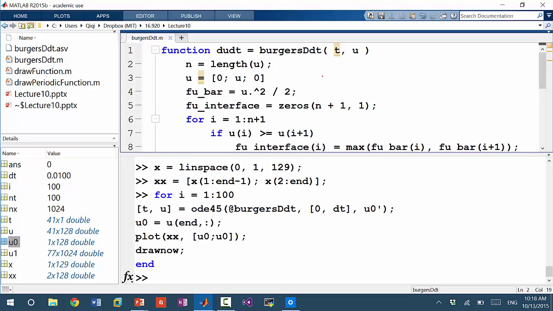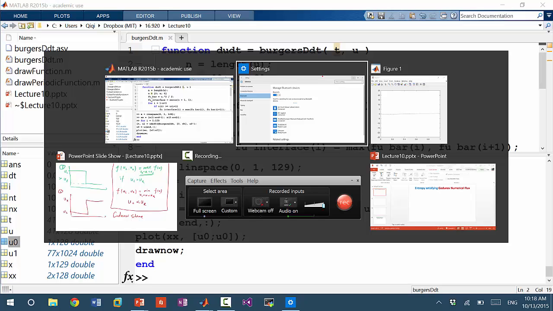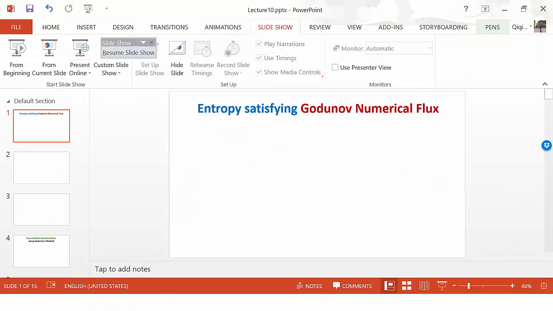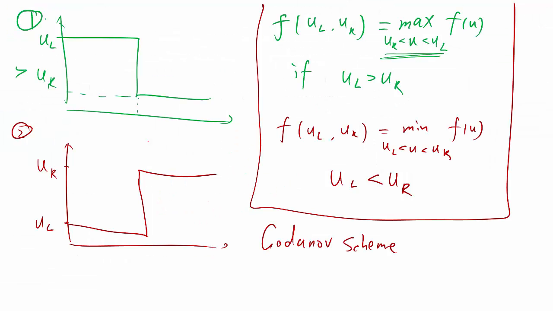So, let's see, go to my lecture. If I have a T and X diagram, and if this is my boundary, and my characteristics are moving from the interior towards the boundary, then there is no way I can say the value of the boundary has to be a certain value, because the value at the boundary at this time has to be the same as the solution over here, right?